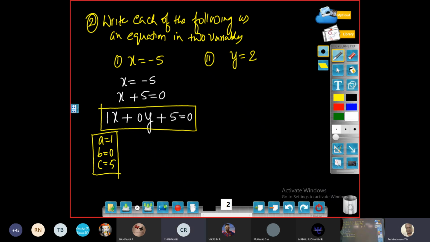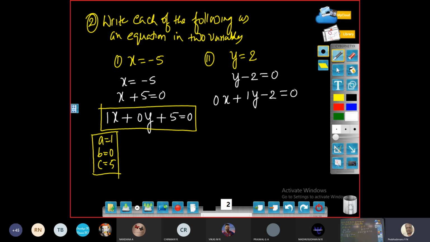Sir, 0x plus 1y minus 2 is equal to 0. Here, first you can write y minus 2 is equal to 0. Okay. Now we have the variable only y here. We don't have the variable x here. Therefore, I will write 0 into x plus this y value, that is 1 into y. Then the last one, minus 2 is equal to 0.